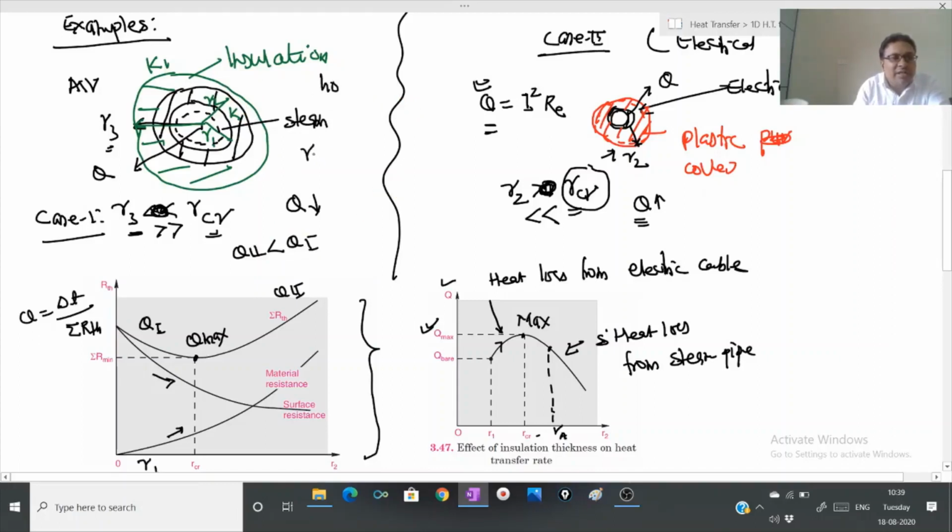So R3 must be greater than k1 upon h0. In case number 2, I want the heat transfer rate to be maximum. So the value of R2 should be less than the value of k upon h0. Correct? So this is called the critical radius of insulation for a cylindrical surface.